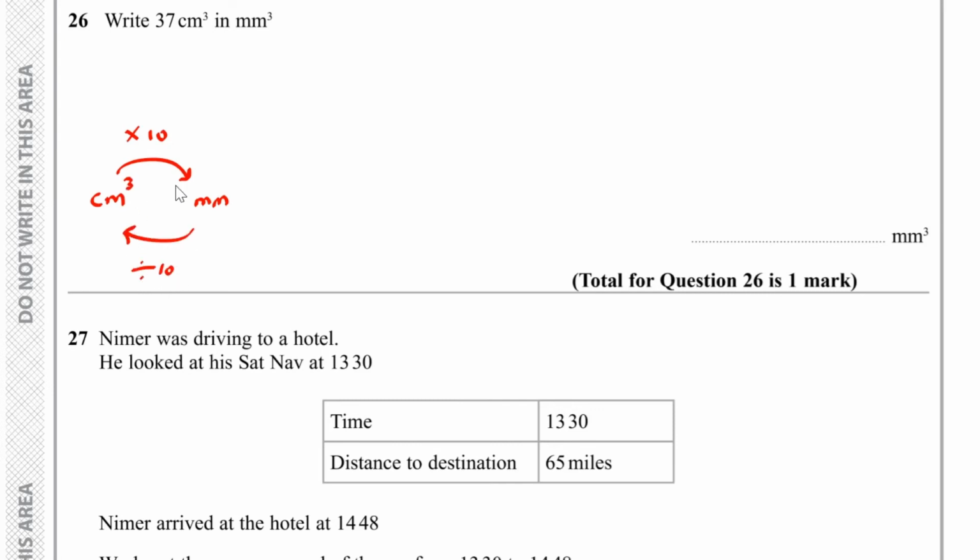So to go from centimeters cubed to millimeters cubed, we multiply by 10 cubed. Millimeters cubed to centimeters cubed, we divide by 10 cubed. So we're converting 37 centimeters cubed into millimeters cubed, so we multiply 37 by 10 cubed, so 37 times 1000, that's 37,000, as we see over here.